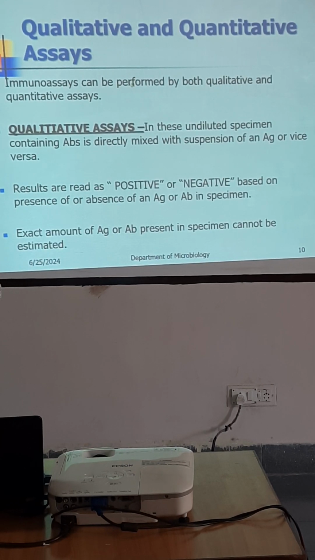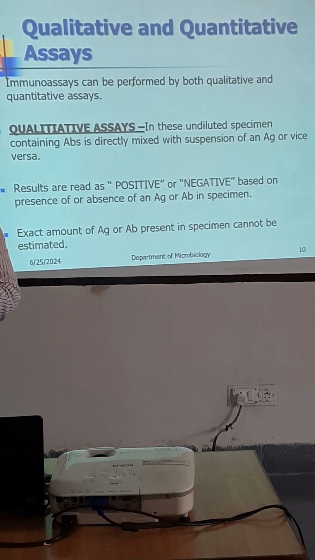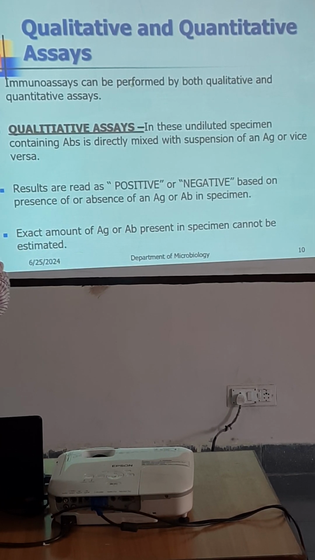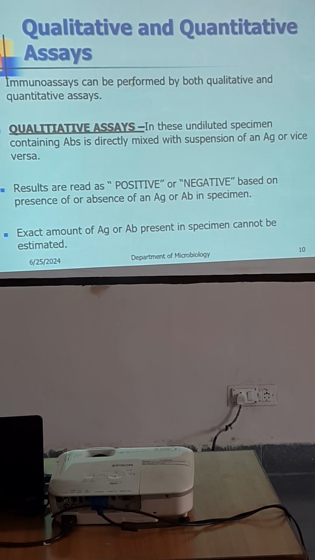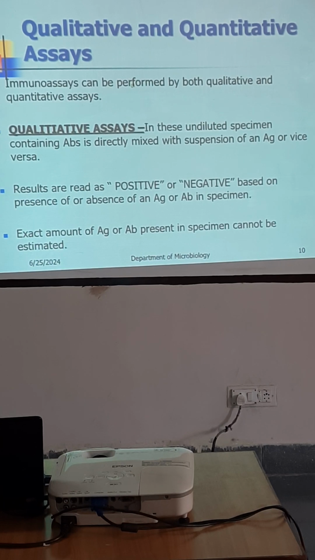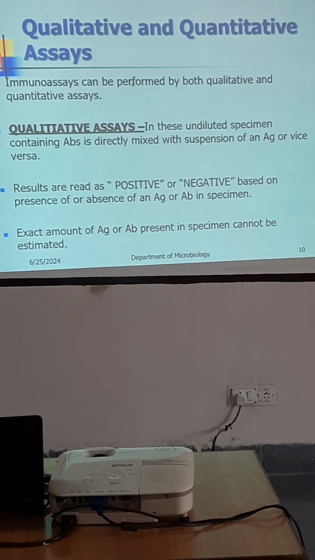There are two types of assays in antigen antibody reactions. One is qualitative, another one is quantitative. The qualitative assay employs an undiluted specimen, which contains antibodies against the specific antigen of the infectious disease agent. That specimen is mixed with commercially prepared antigen, or vice versa, and they give you a result.